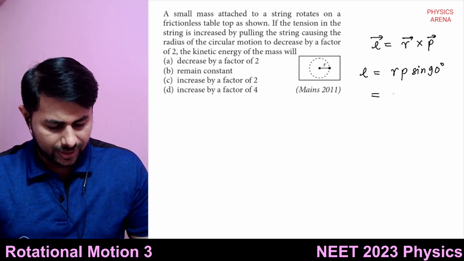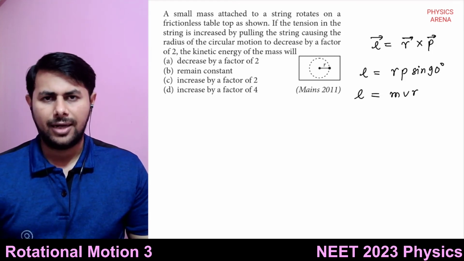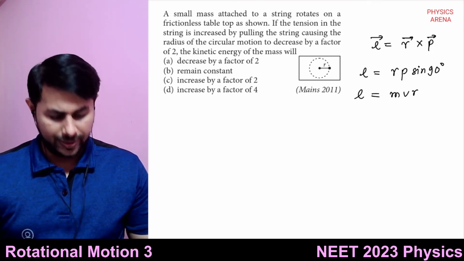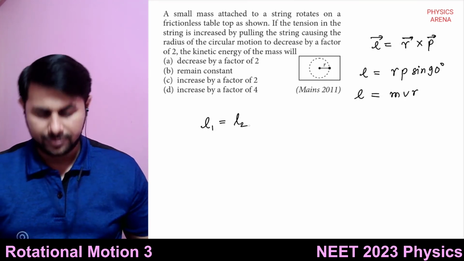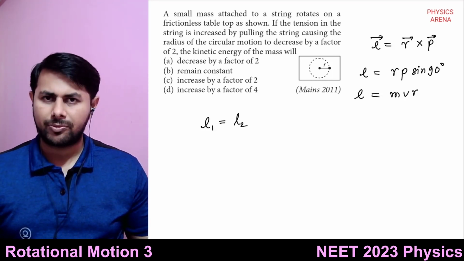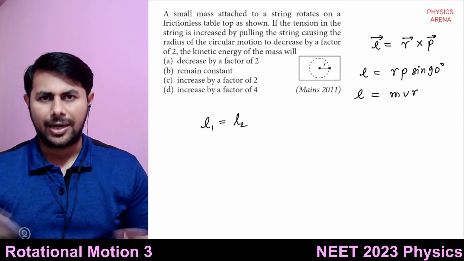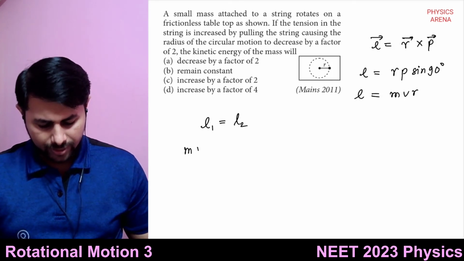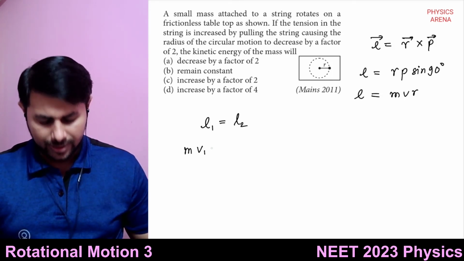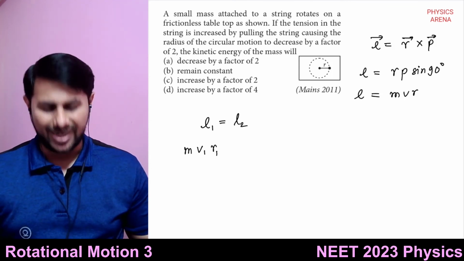You can see this is mv into R, the angular momentum, and it will remain constant. So L1 equals L2. The original angular momentum was L1. Then when he pulls the string, the final angular momentum is L2. It is mvr.